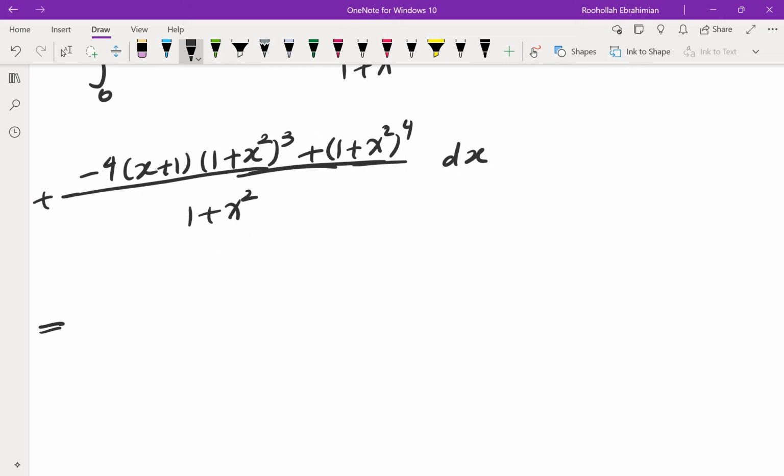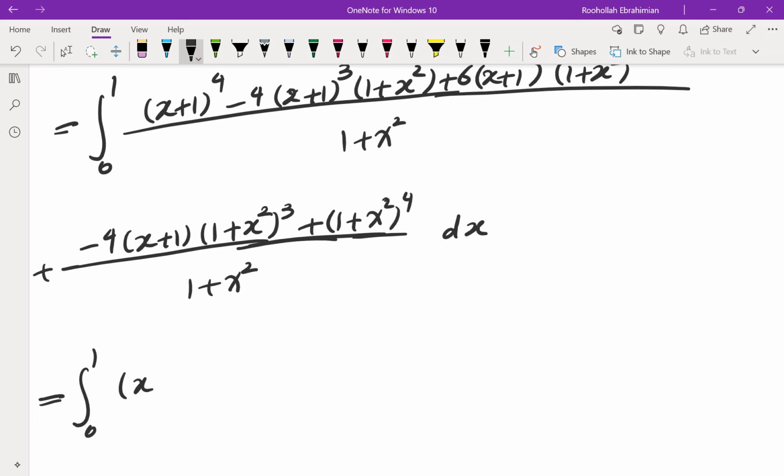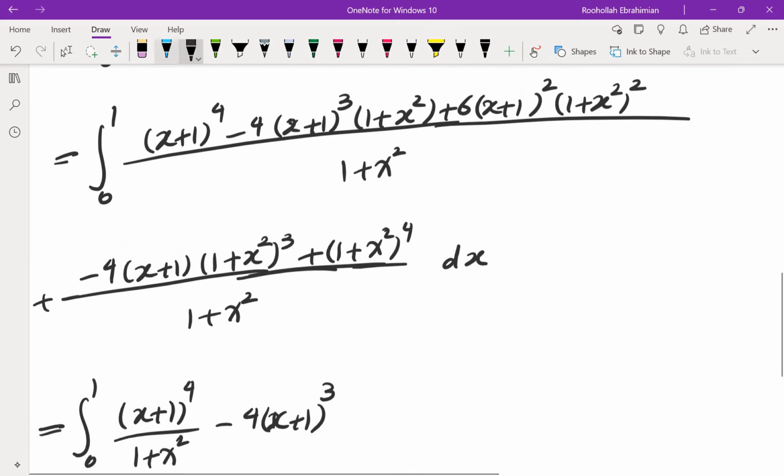Now we can simplify this quite a bit. The first term can't really be simplified. We get (x plus 1) to the fourth over 1 plus x squared. The rest of the terms all have 1 plus x squared, so we can get rid of 1 plus x squared in the second term. This guy and this guy cancel.